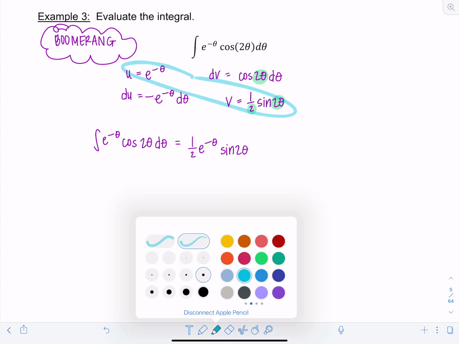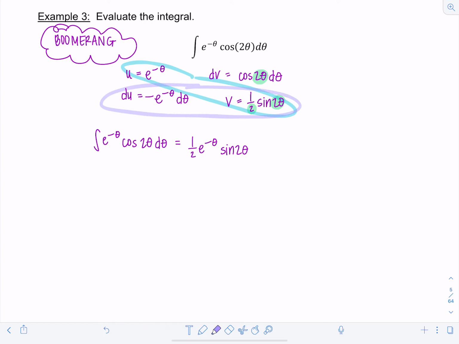And then I have minus this integral, but I notice there's already a negative, okay? So I'm going to write plus, and then let's pull that 1/2 outside so it's a little nicer. E to the negative theta sine 2 theta d theta, okay? Now look at this integral that we have here.